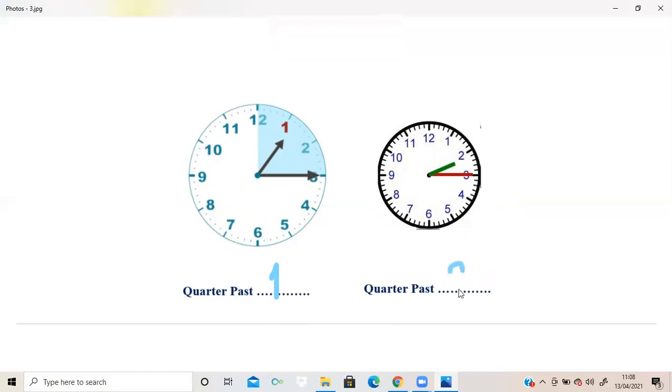The important thing is to make sure the minute hand is pointing at 3, because this part is a quarter of the whole clock face, so that's why we say quarter past. This picture is quarter past 2.